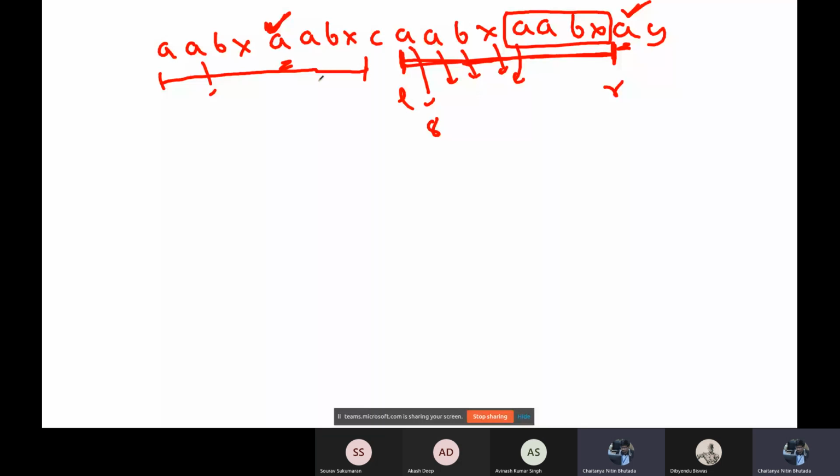Like in this case, we again compare the next characters, this and this. Okay, so whenever the segment matches, we check the next characters too. So here A and A will be matched, so we put 5. So I hope the algorithm is clear.